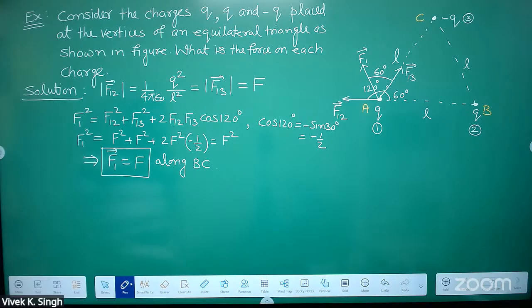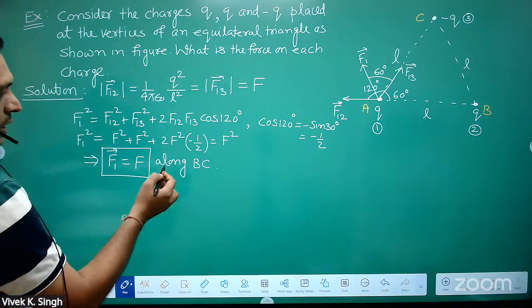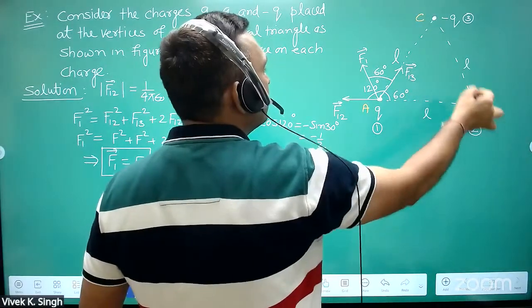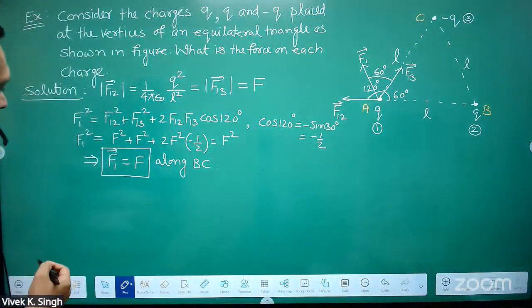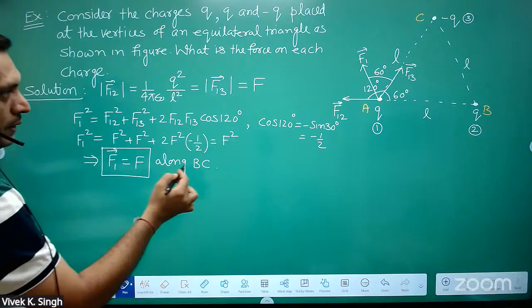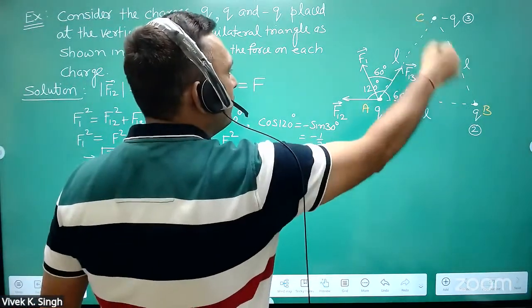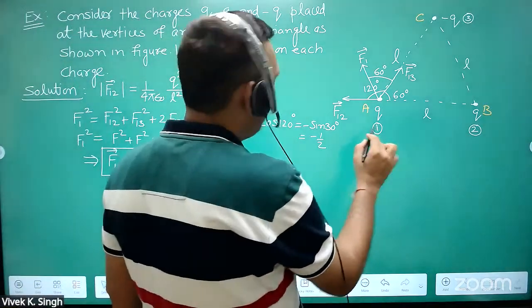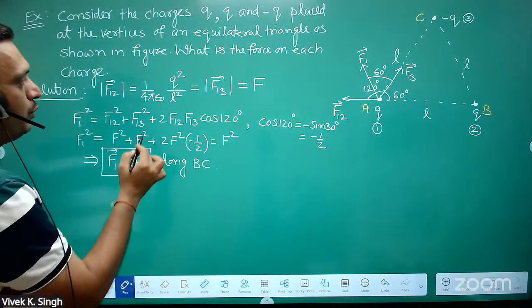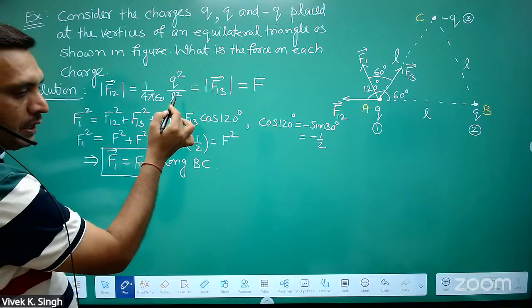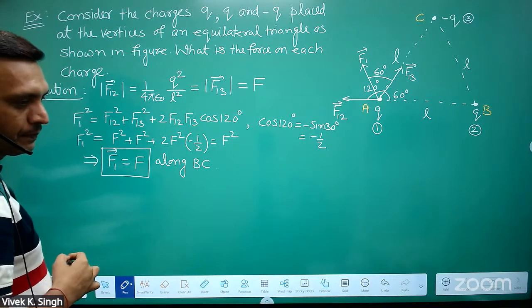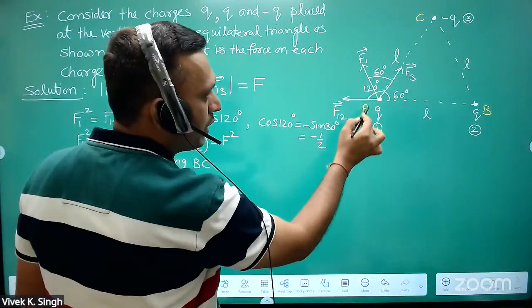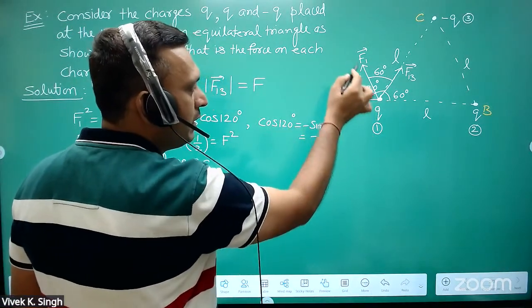Now the F value is Q square by 4 pi epsilon naught L square. This is the force experienced by charge 1.